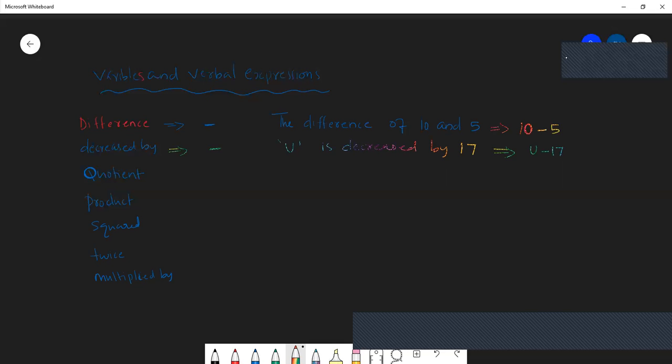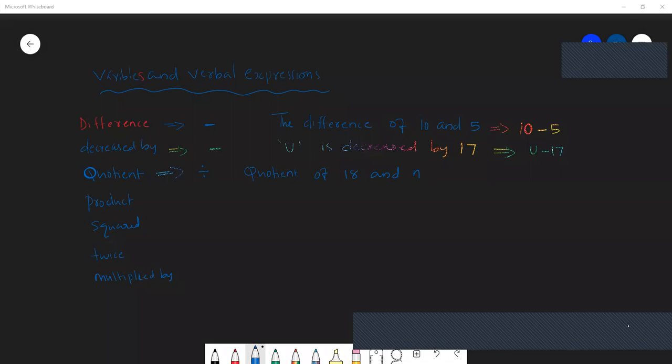And what does quotient represent? Quotient represents division. For example, the quotient of 18 and n.